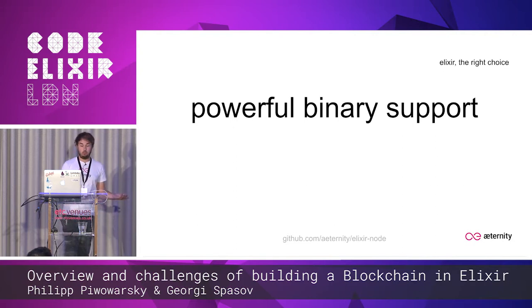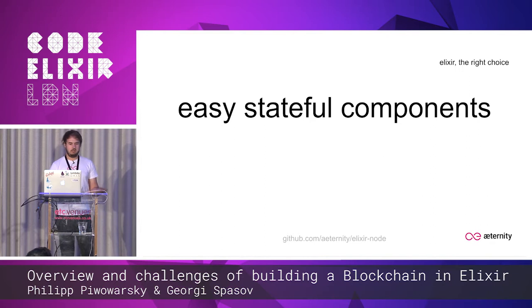Elixir provides us with really powerful binary support. This is also great for blockchain usage, because for one thing you want to have the data as small as possible, so binary data formats are really good for this. And all the cryptographic functions we use, such as hashes and digital signatures, are based on binary data. Sure, every project in the Erlang and Elixir space uses GenServers to have stateful components.